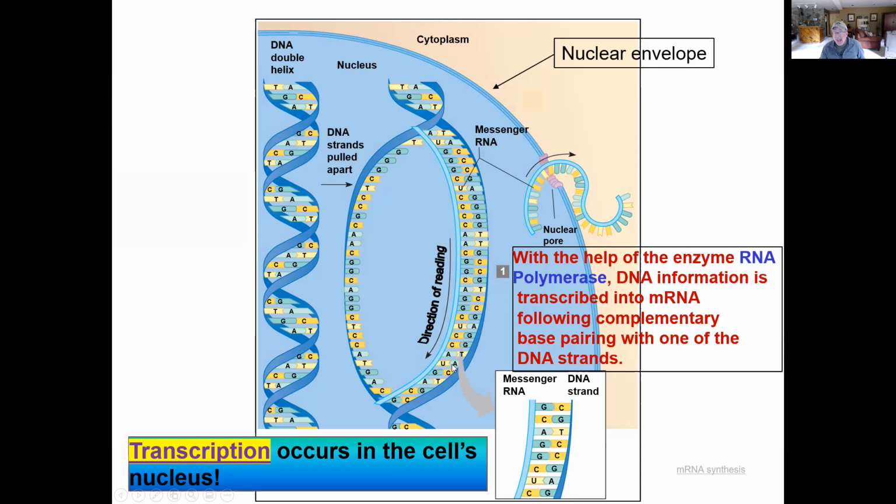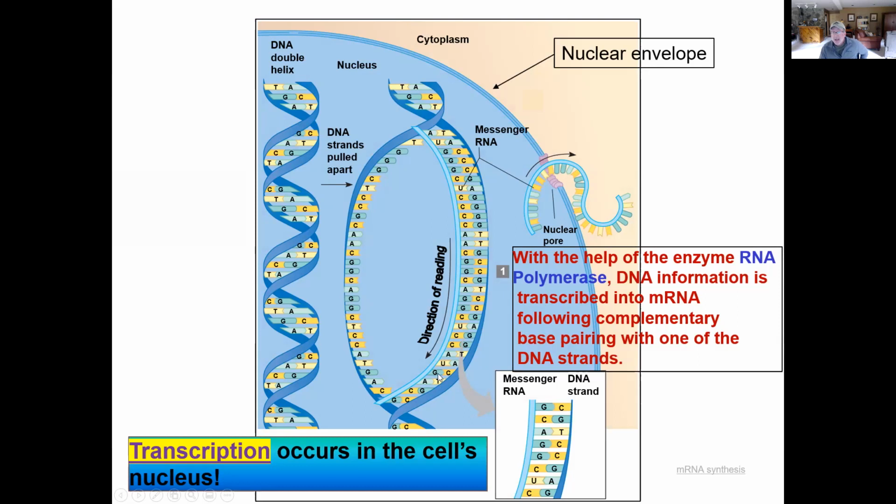If we have an A exposed here on the template strand of the DNA, we don't have a T brought in because there's no thymine in RNA. Instead, the cell would bring in a nucleotide carrying uracil. Now, again, these are brought in individually, but then the sugar phosphate groups fuse, so we end up making a big, long polynucleotide.